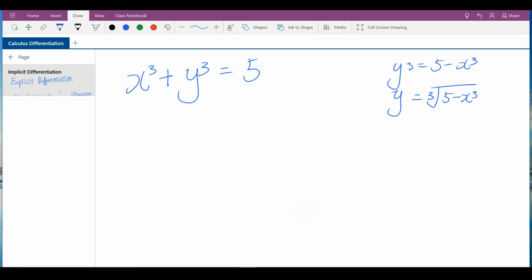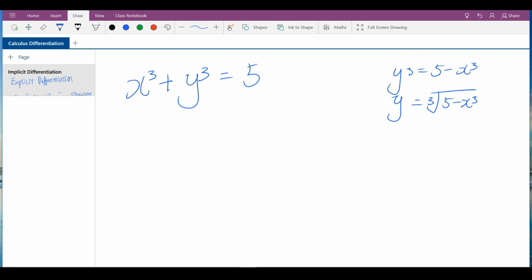So having a look at this, x cubed plus y cubed equal to 5. The first thing is I will differentiate both sides with respect to x.